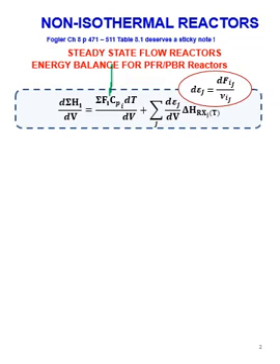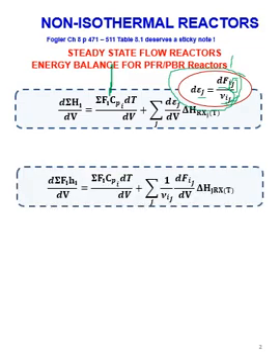So once again, I'm going to use my definition for the extent of reaction, as you did in Smith, Van Ness and Abbott, to relate the extent of each reaction j to a change of a specific component as a result of that reaction j, divided by the stoichiometric coefficient of that component in that reaction j. We can now substitute that into our energy balance, so then we just have molar flow rates and stoichiometric coefficients in there.